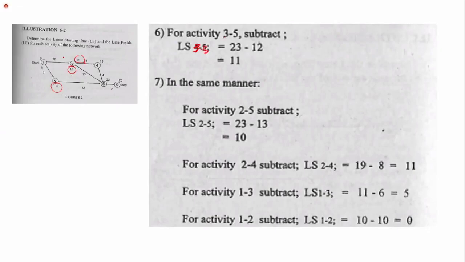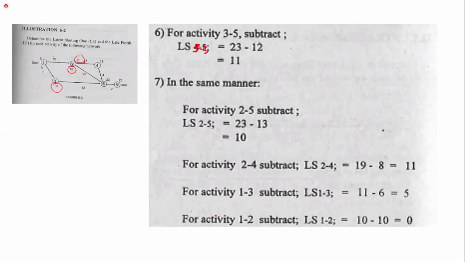For activity 1 to 2, we use the shorter value, which is 10.